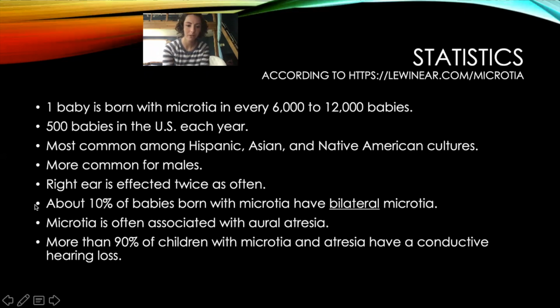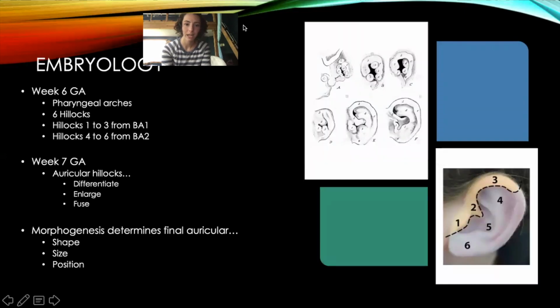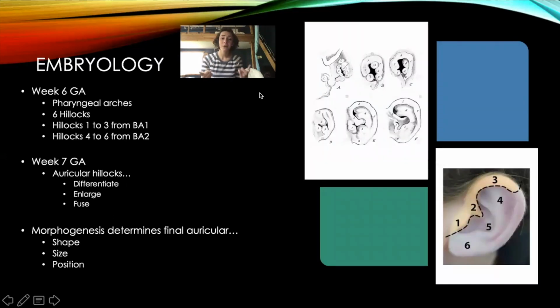Let's go ahead and talk about the development, how this happens. We know it happens in the first trimester. We know it happens, baby's born with it. So now looking at embryology, you guys already know this. You already knew all along. That is just so exciting. So we remember the pharyngeal arches give rise to the 6 hillocks that form the major anatomic structures of the ear, right? So hillocks 1 to 3 arise from the first arch, and the second arch gives rise to hillocks 4 to 6.